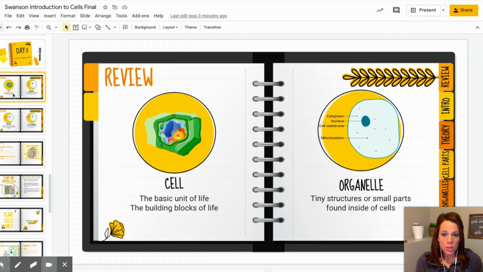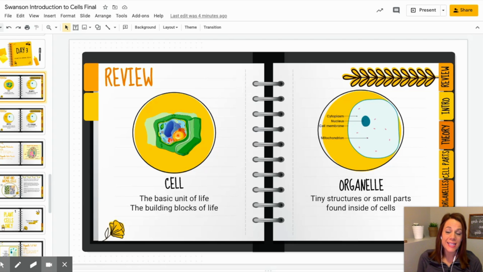So again, cells are the basic unit of life. They're the building blocks of life. Some organisms are only made of one cell, which is unicellular. Some are made of many cells, which is multicellular. And if they are made of many cells, those cells work together to keep an organism living and functioning.